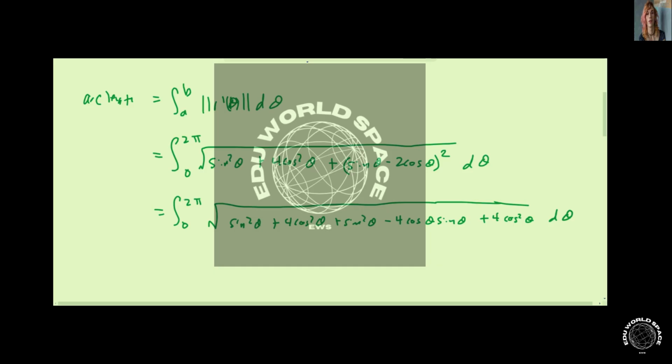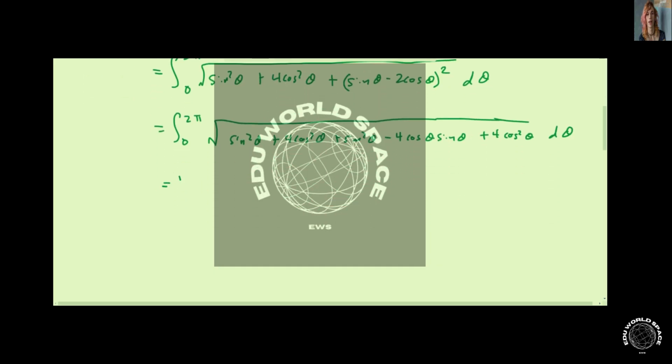And then we can go ahead and combine all of our like terms. So that would be 2 sine squared theta, and then minus 4 cosine theta sine theta, and then plus 8 cosine squared theta, all square rooted.